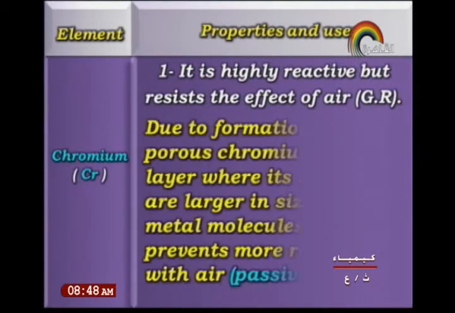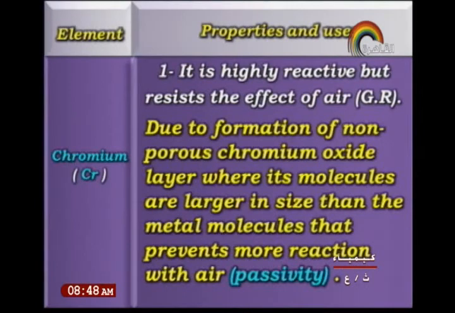The reason for that is the formation of a non-porous chromium oxide layer, which is formed on the surface of the metals, where its molecules are larger in size than the metal molecules, which prevents further reaction with air, that we call passivity. So my dear students, if we are going to define passivity, it is the formation of a non-porous layer of the metal oxide on the surface of the metal that prevents further reaction.